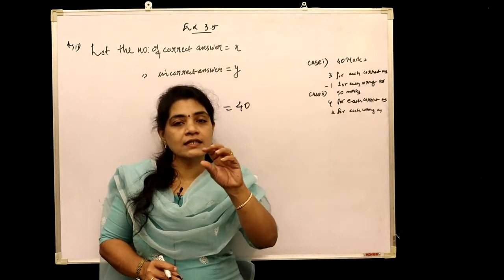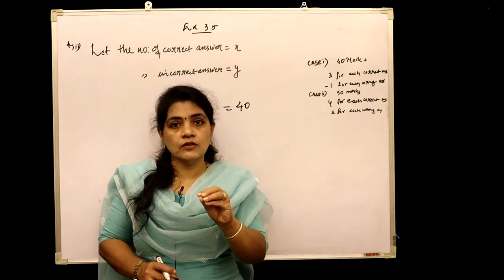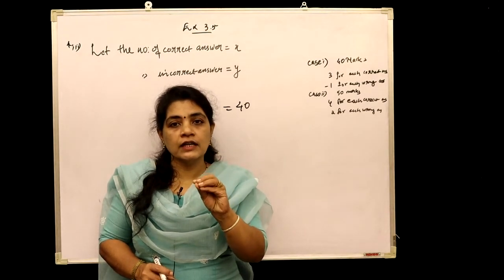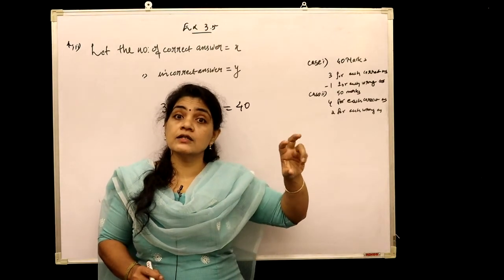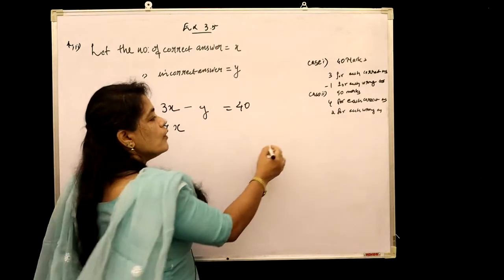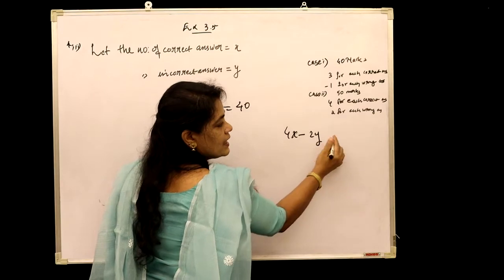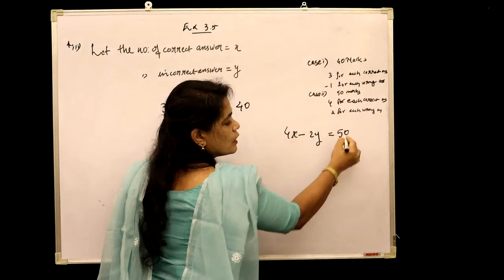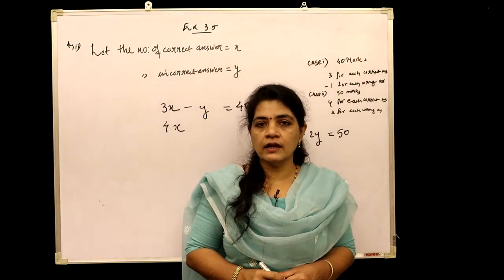Since y is the number of incorrect answers, 2y is the mark deducted. So this 2y should be subtracted from the mark scored from correct answers, that is 4x. That is 4x minus 2y. In the second case, his total score is 50 marks. Is this clear, children? Okay.